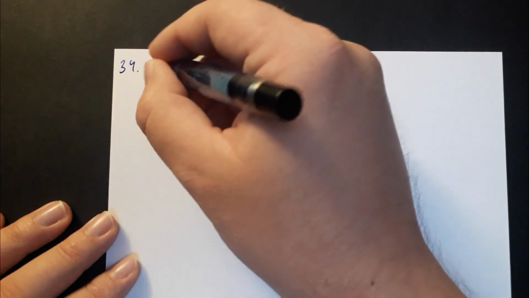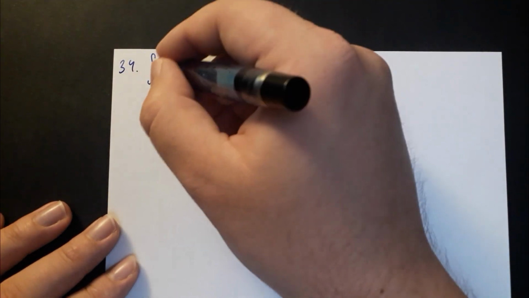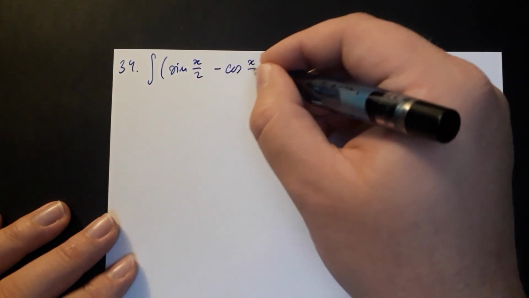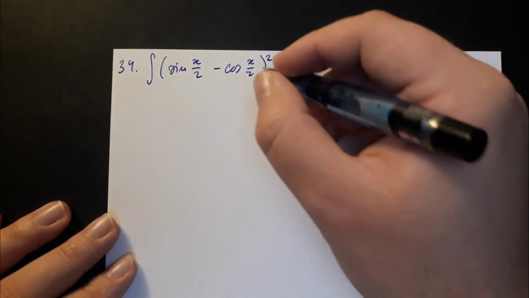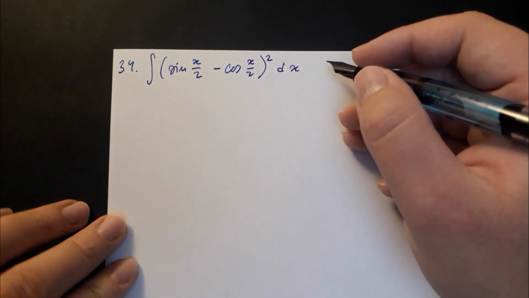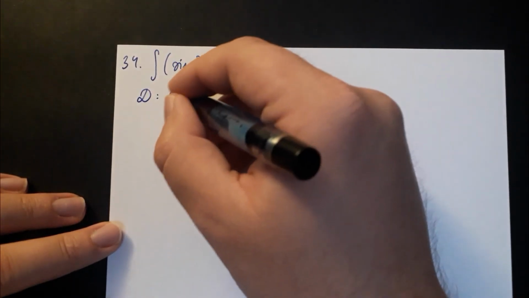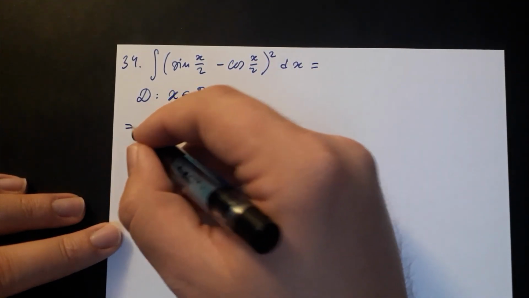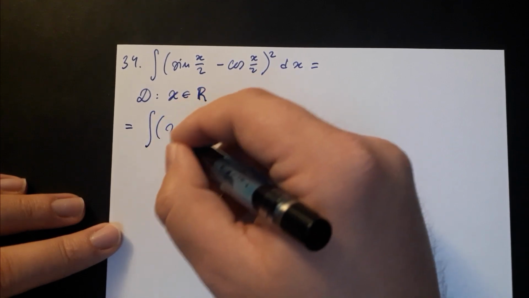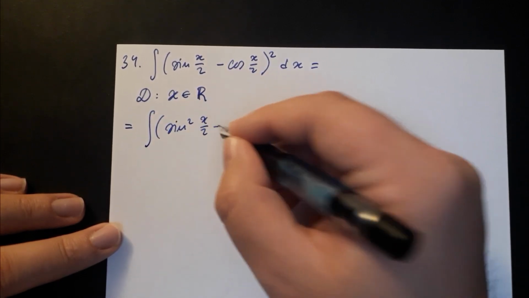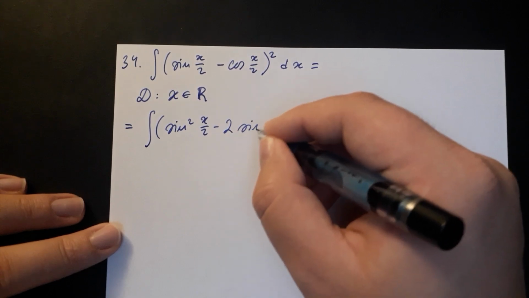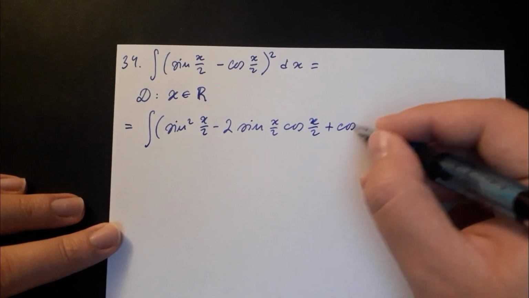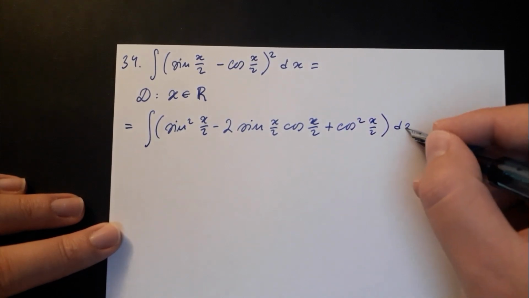Integral number 34 on our list is an integral of sine of x/2 minus cosine of x/2, that entire thing squared, dx. Now, the area in which this integral is defined is for all x's which are real numbers, and this integral is equal to an integral of sine squared of x/2 minus 2 times sine of x/2 cosine of x/2 plus cosine squared of x/2 dx.